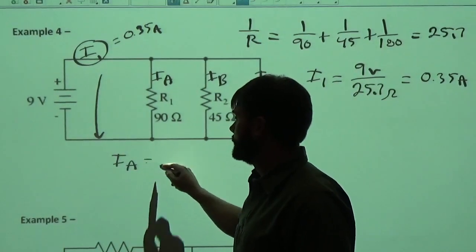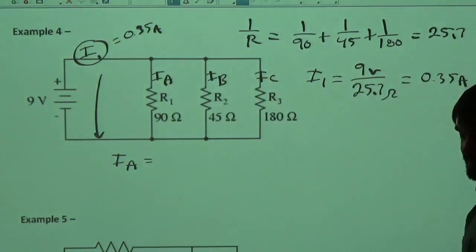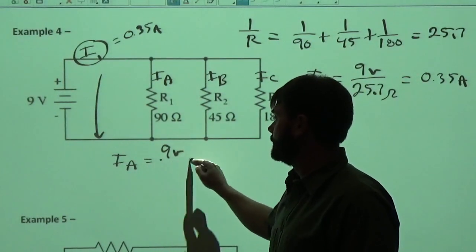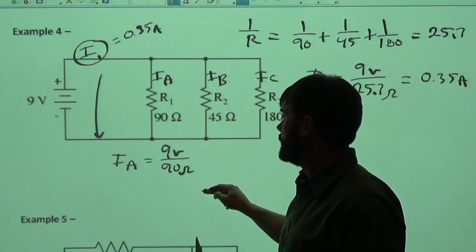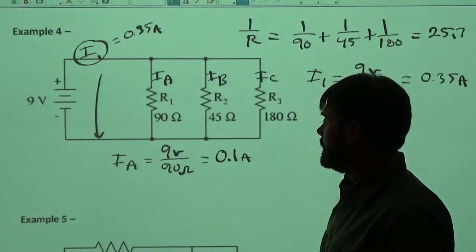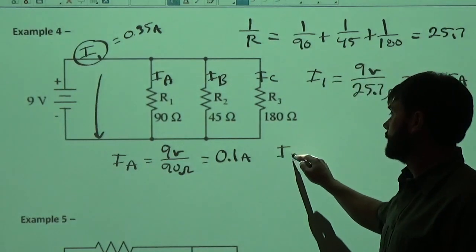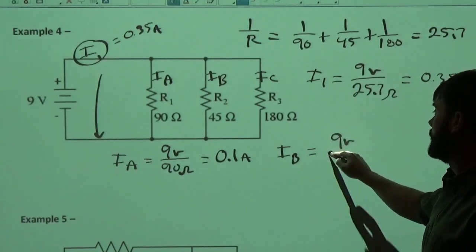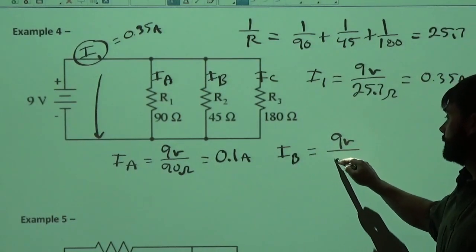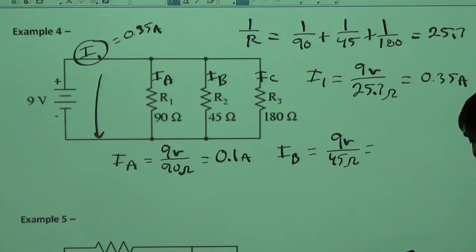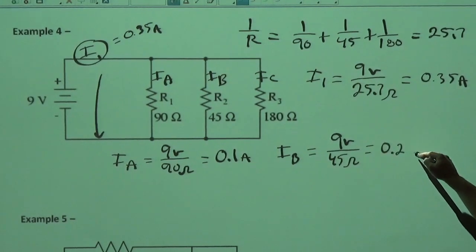The current going across resistor A is simply going to be equal to the 9 volts divided by 90 ohms. If I divide that out, I get 0.1 amps. If I take a look at the current going across part B here, which is resistor 2, I'm going to have 9 volts divided by 45 ohms, and if I divide that out, this gives me 0.2 amps.